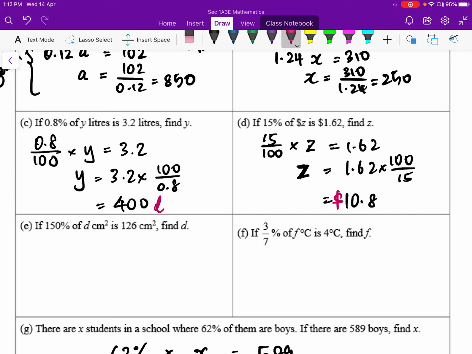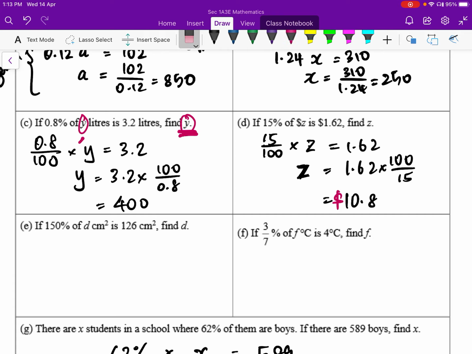Now, y over here came from this part of the question. The way they wrote it, it is y liters. So the unit for this particular value of y will be in liters. Since they are asking us to find the value of y, we do not need to put a unit.